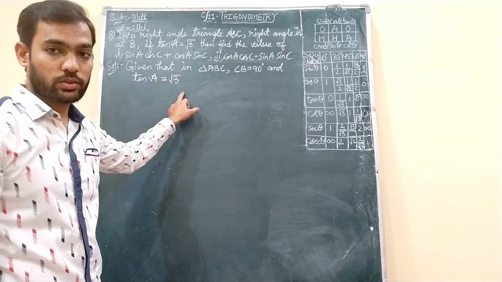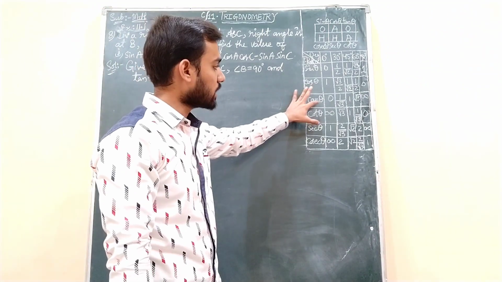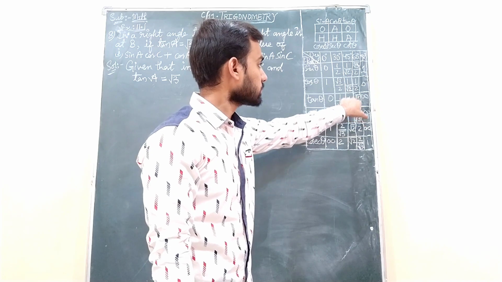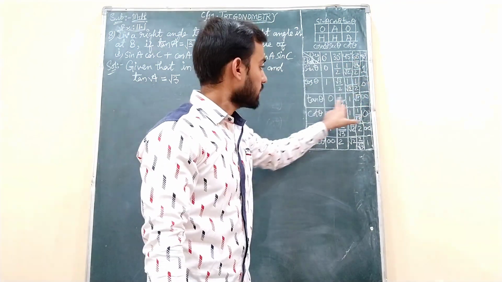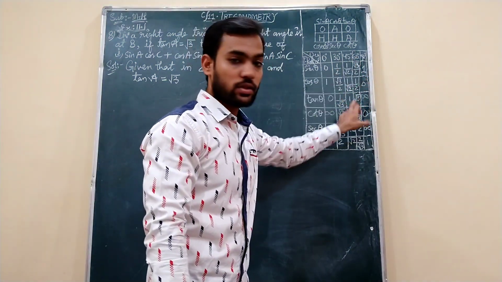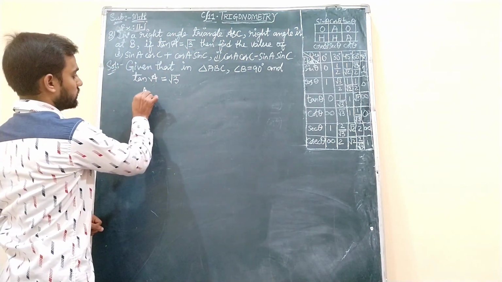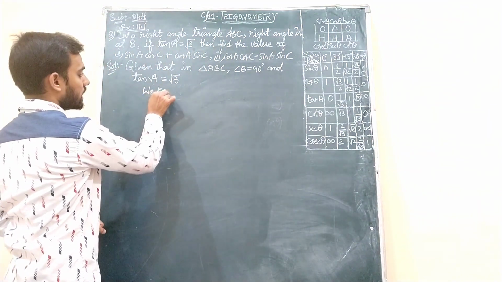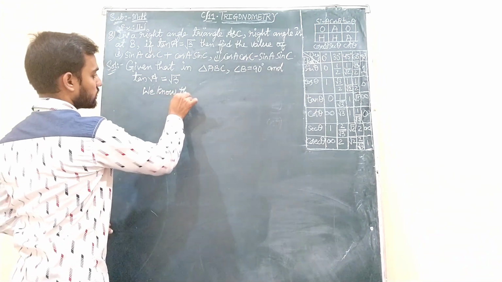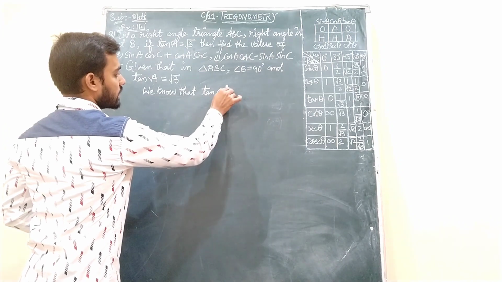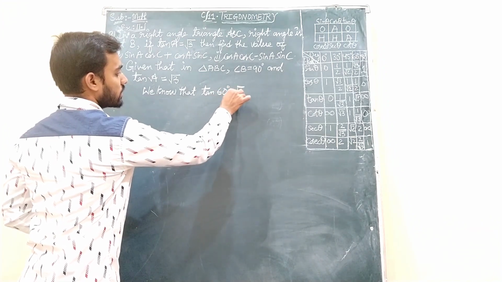So tan A equals root 3, when I am seeing under tan theta, yeah, root 3 lies over here, which means under 60 degree, which means tan 60 degree is root 3. So that I write here. We know that tan 60 degree is root 3.